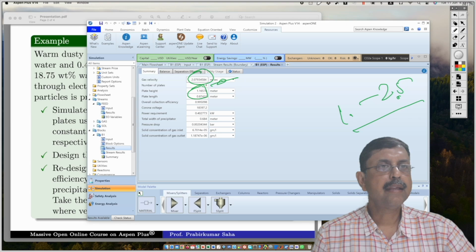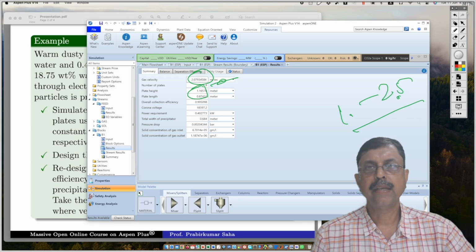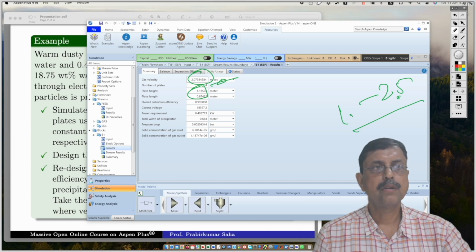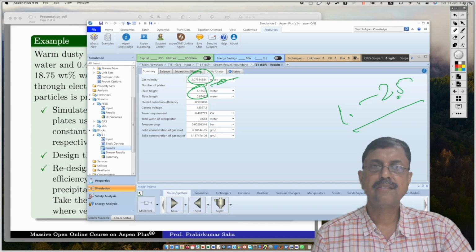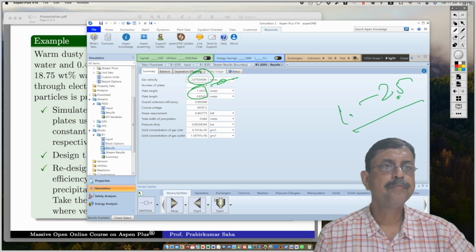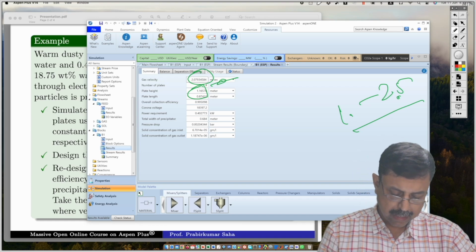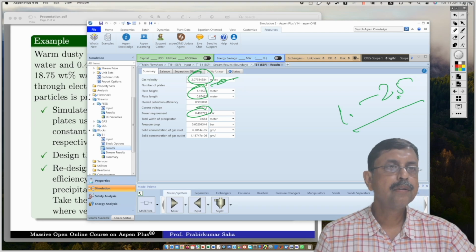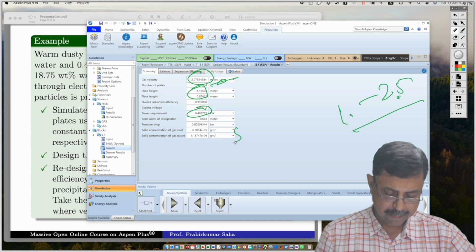Now it is saying that if you use 1.1 cross 0.87, that is sufficient for overall collection efficiency of 99.5%. So why use a larger plate unnecessarily? The power requirement is same as before. The solid concentrations and all are also same.